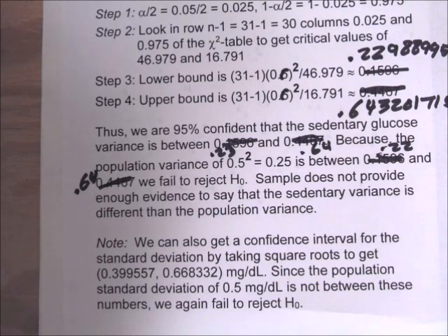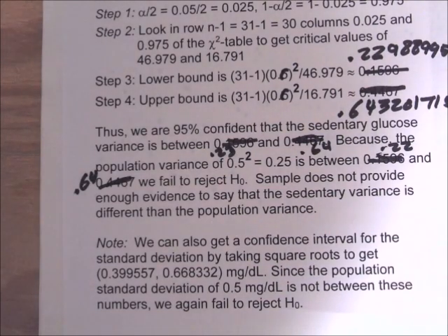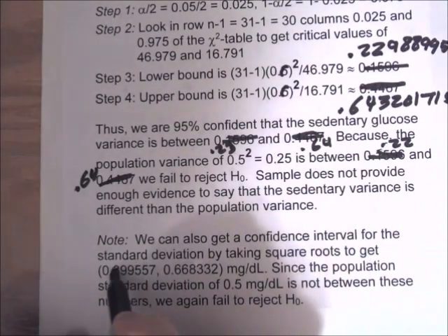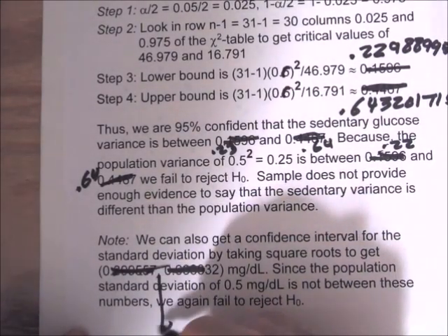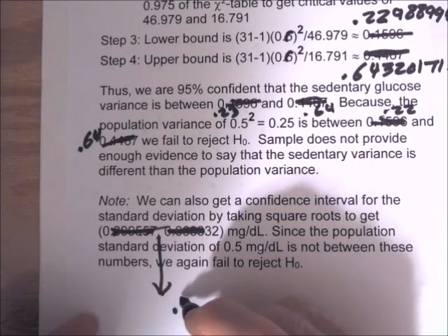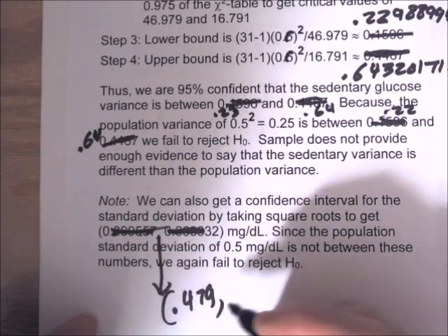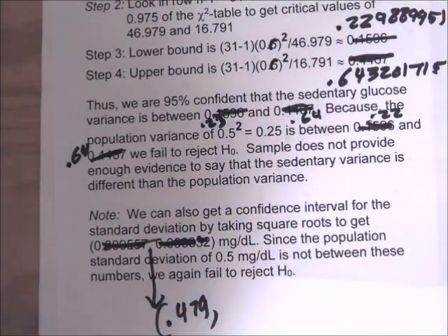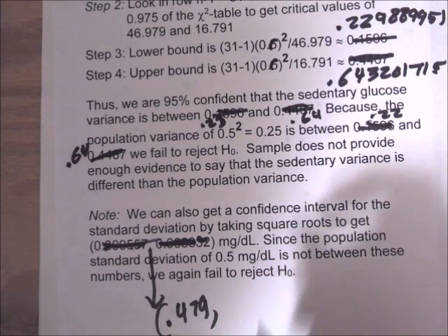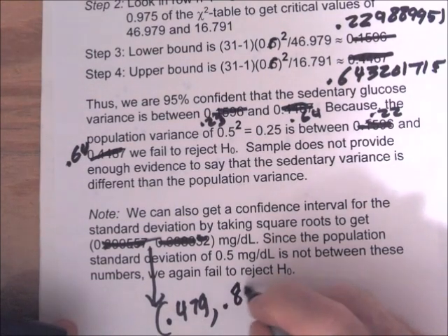So square root of 0.2298, 0.479, and this one's going to be square root of 0.6432, 0.802.